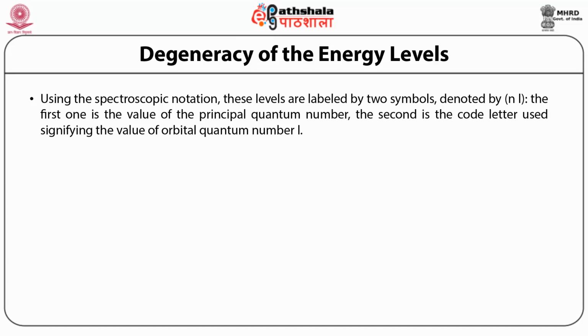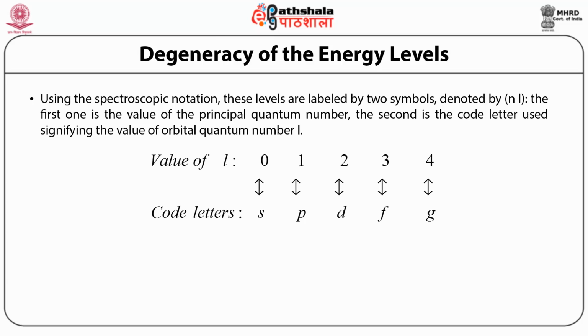The first one is the value of the principal quantum number, the second is the code letter signifying the value of the orbital quantum number L. So if we have L equal to 0, then the code is s, L as 1 it is p, 2 then it is d, 3 then it is f, if it is 4 then it is g.